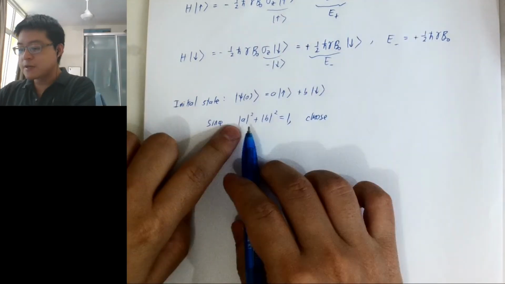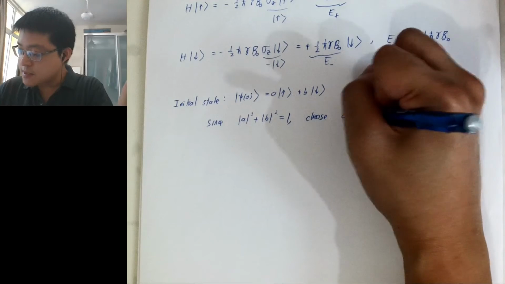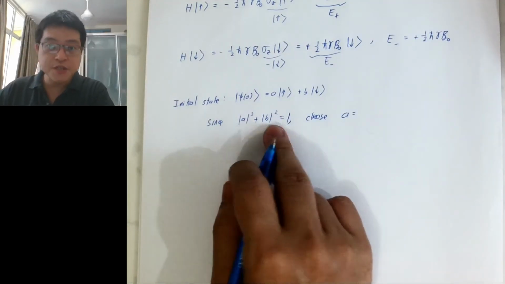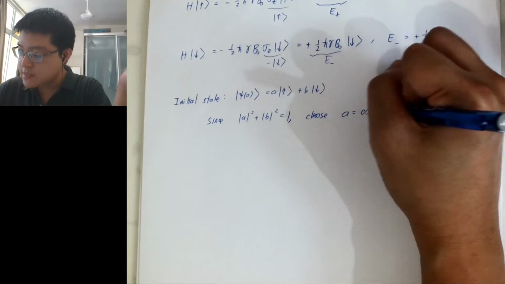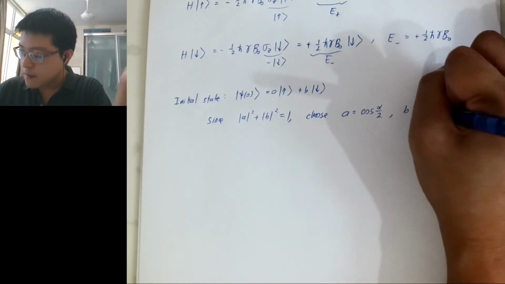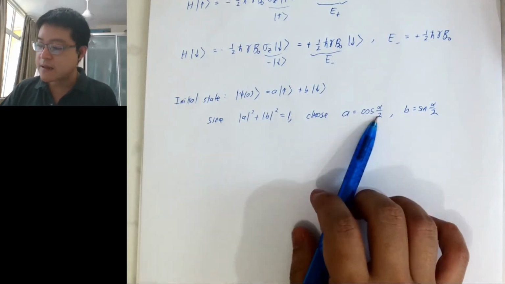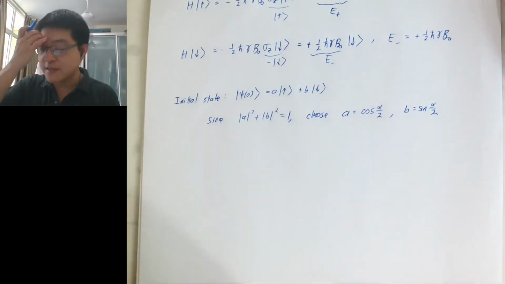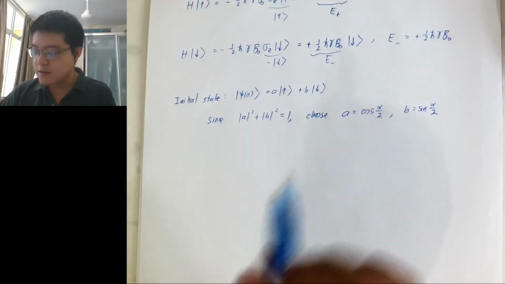Because we have something squared plus something squared equals 1, what if we choose these to be a cosine and a sine function? Then the squares sum to 1. This is one way to parameterize your state. If you are reading up about the Bloch sphere, as some of you are asking, this is kind of similar, almost, but not yet.